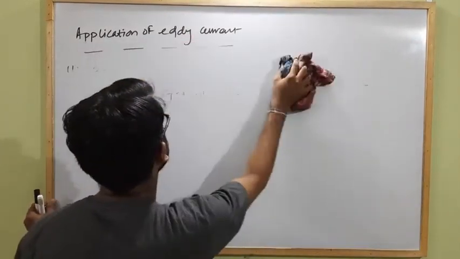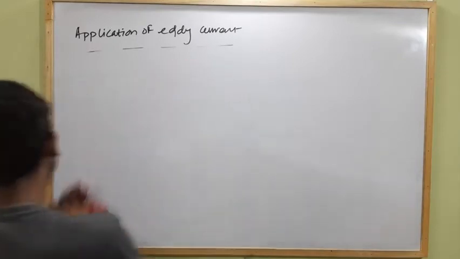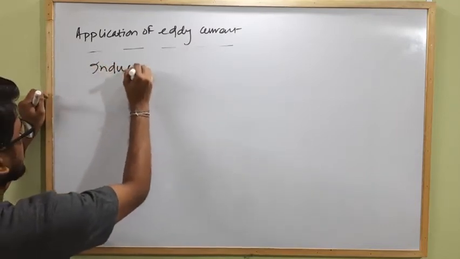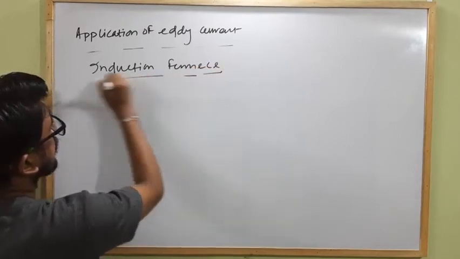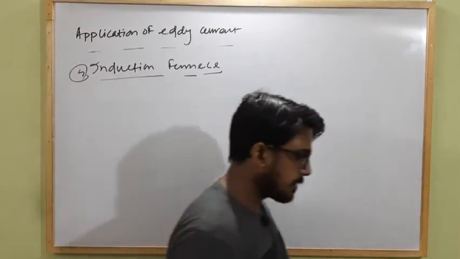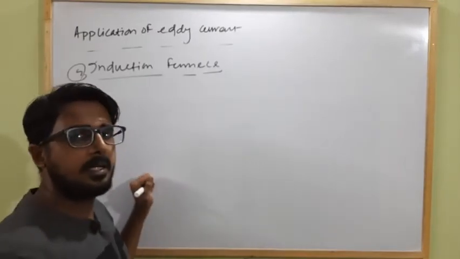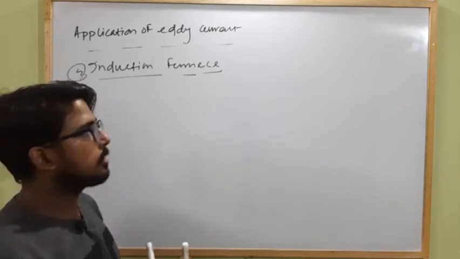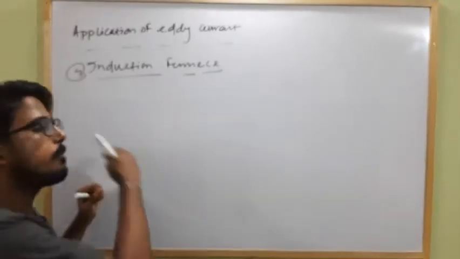What is an induction furnace? In plants or factories we use a blast furnace to melt a large number of metals, but if the metal has a very high melting point, we cannot melt it by the traditional method, because the temperature we can obtain by that method is too low to melt such metals.